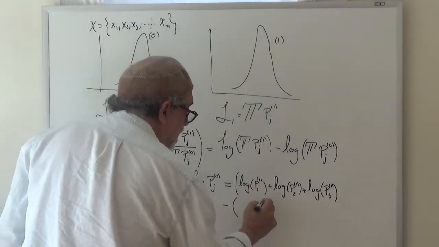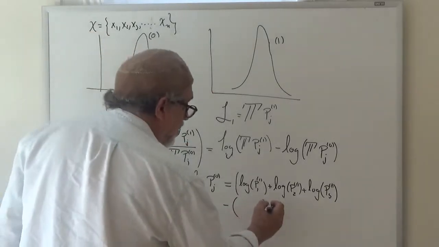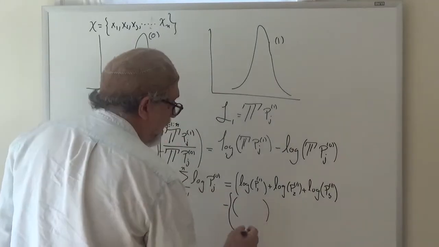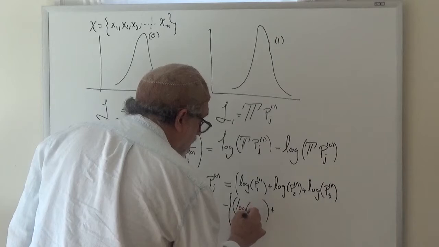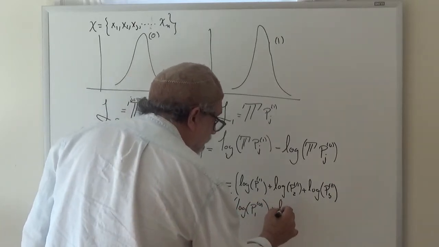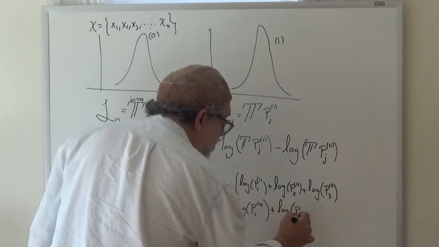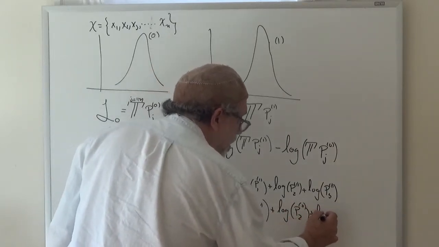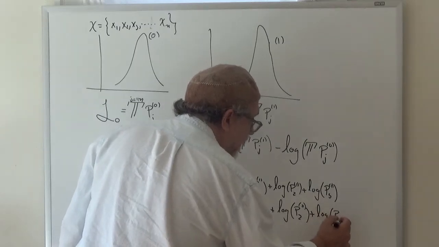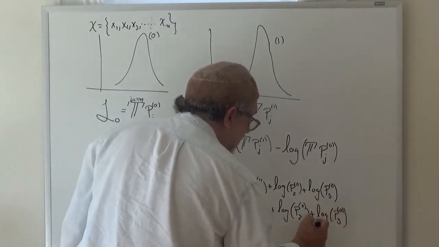Minus the same thing in the 0, with the parentheses here. So this would be the log of the P1 in the 0 plus the log of the P2 in the 0 plus the log of the P3 in the 0, etc., right?